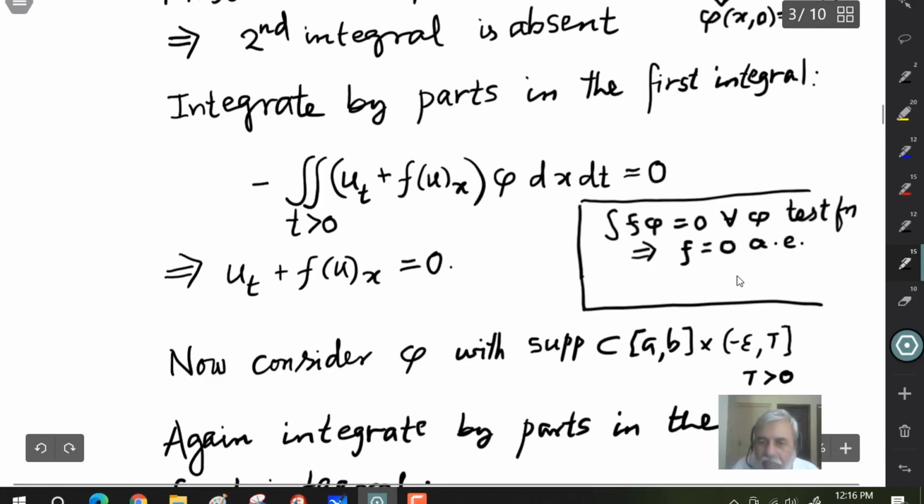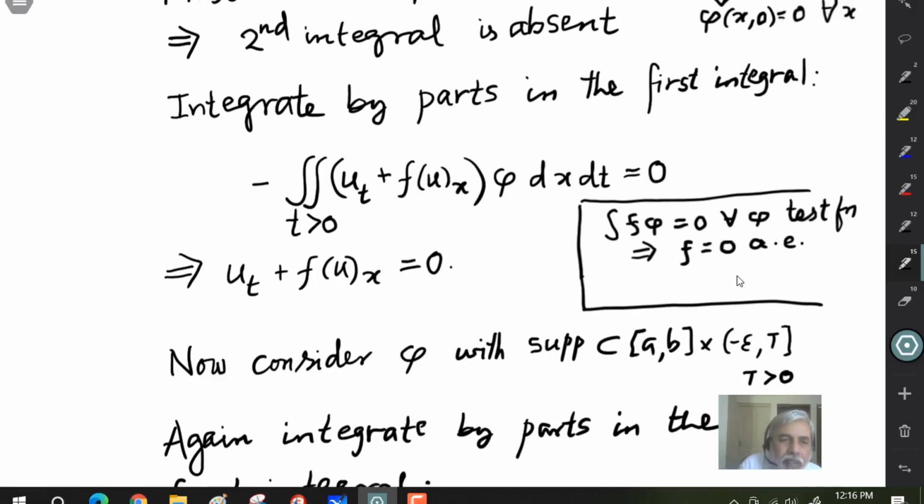This has resemblance to a simple result in analysis.